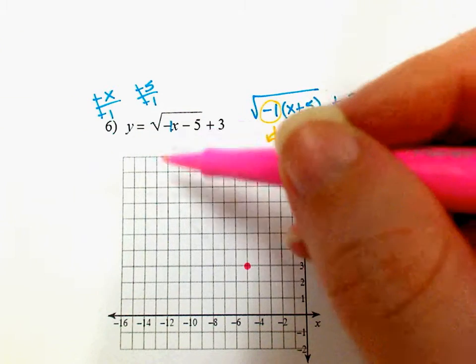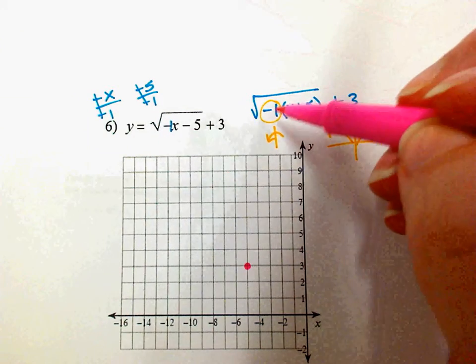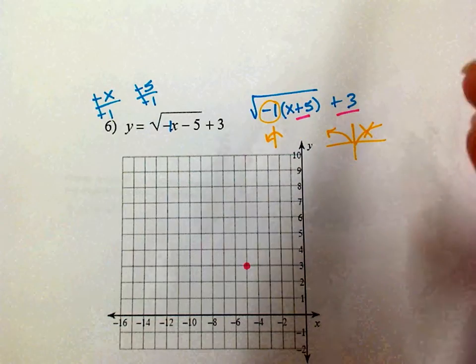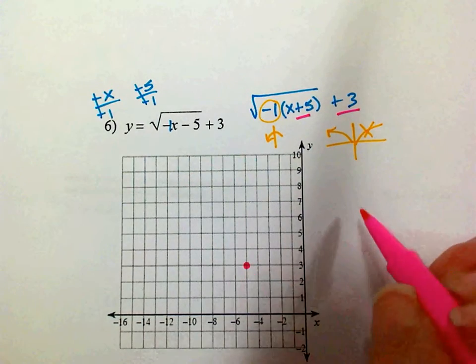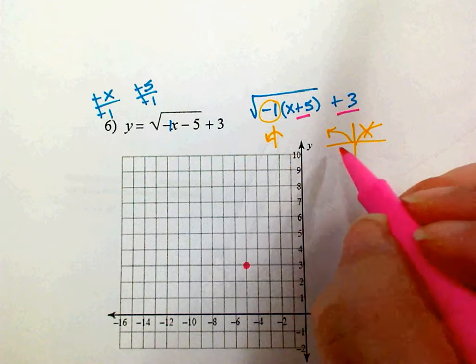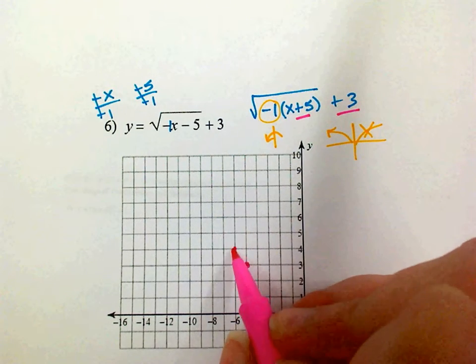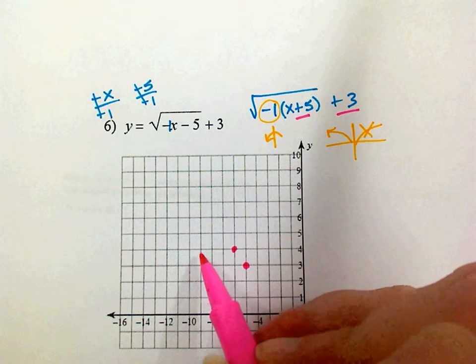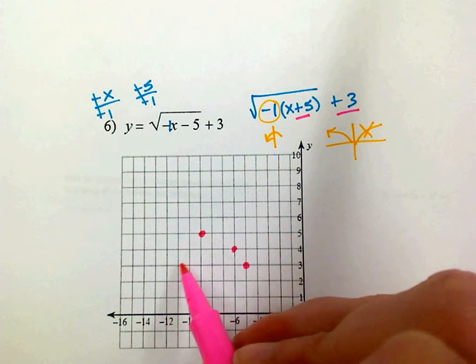Other than a -1, there's no number in the front, so the pattern is as usual. I just need to go this direction. I'm going to go over 1, up 1, but in the opposite direction. And then over 1, 2, 3, 4, up 2, 5, 6, 7, 8, 9, up 3.